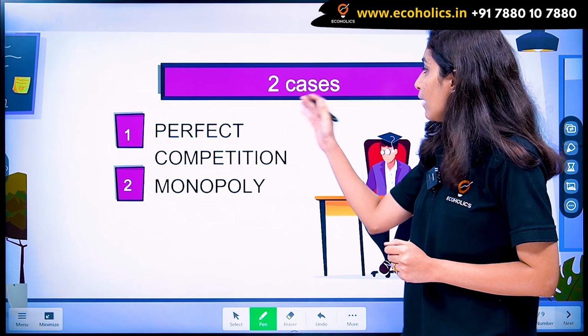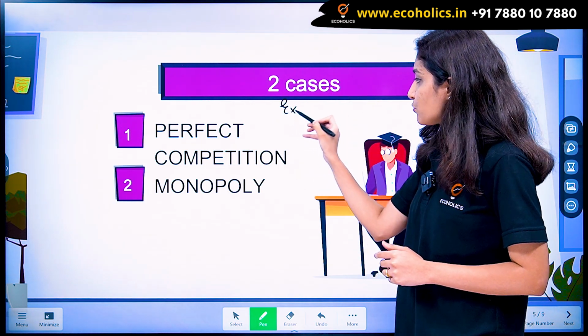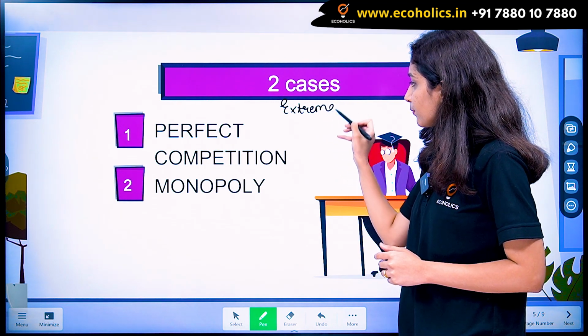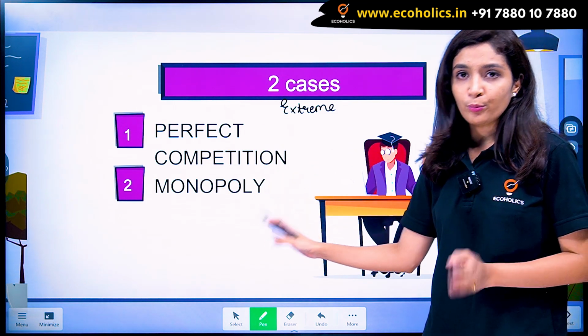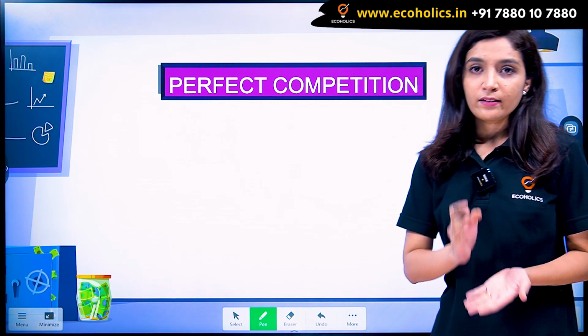Now, we have two extreme cases. First we have perfect competition and second we have monopoly. Let's look at each case separately.